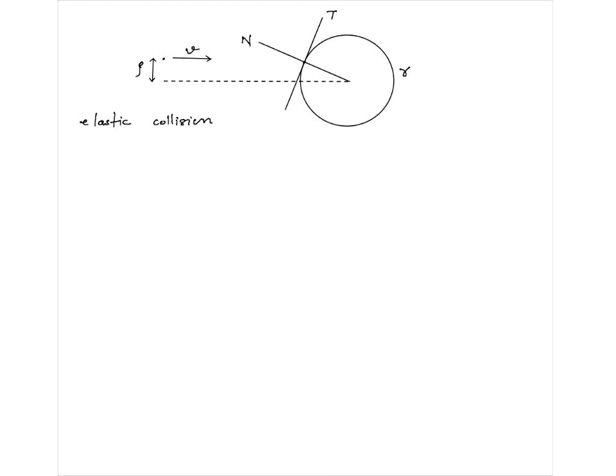Here comes the particle. Velocity has this direction, and the component of velocity along this direction will not change. And that won't change for the ball also. Well, so can you tell me in which direction will the ball go?